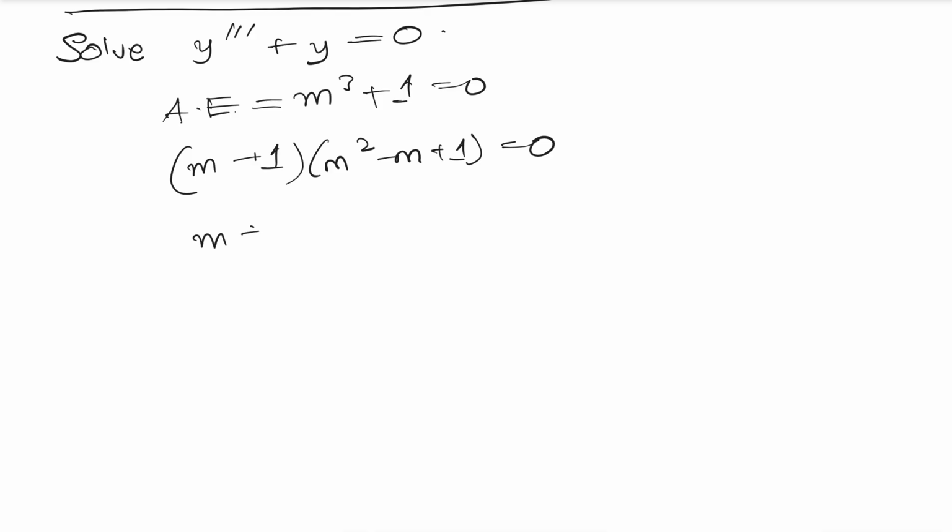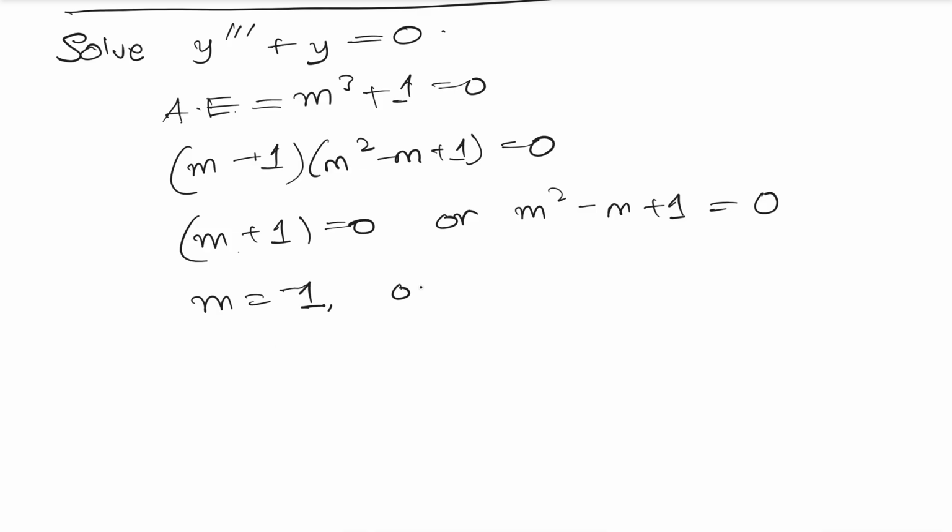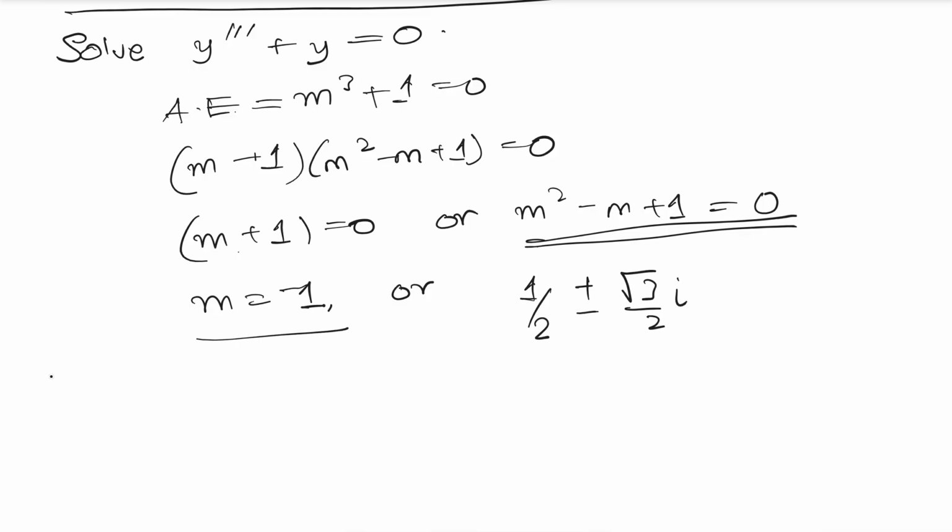So we can say m plus 1 is equal to 0, or m square minus m plus 1 is equal to 0. So m is equal to minus 1, or by this quadratic equation we get 1 by 2 positive or negative root 3 by 2 i. So here we are getting one root as real and distinct and another root as complex.